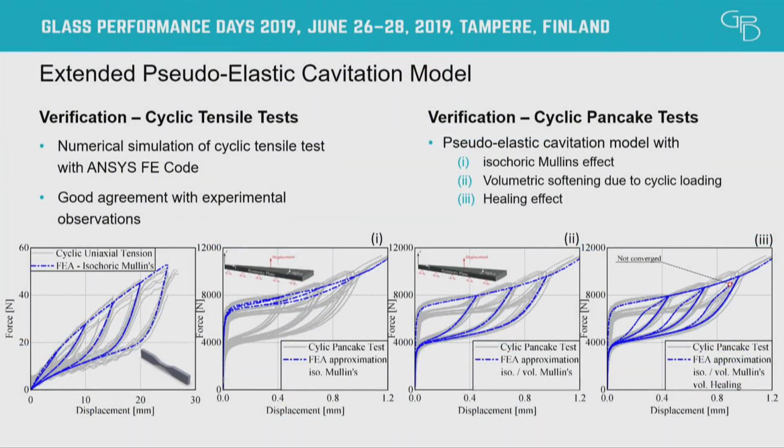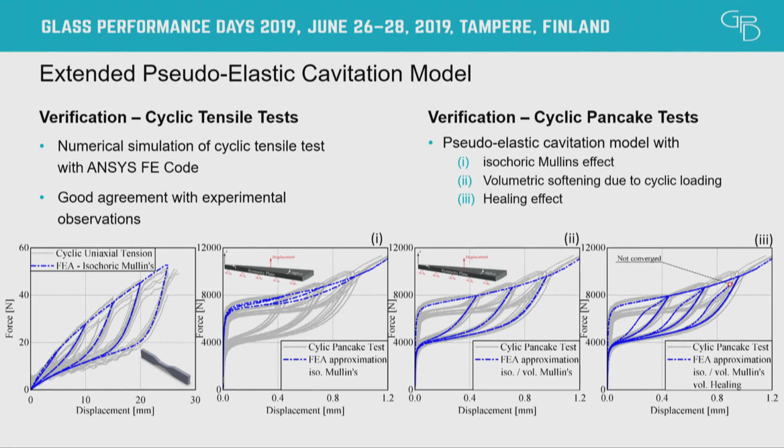In the last step, we wanted to show whether it is possible to add our healing variables and recover our stiffness in the reloading path. It's a little bit weird, but we tried to do this. On the reloading path, you can see there's a little bit of healing.